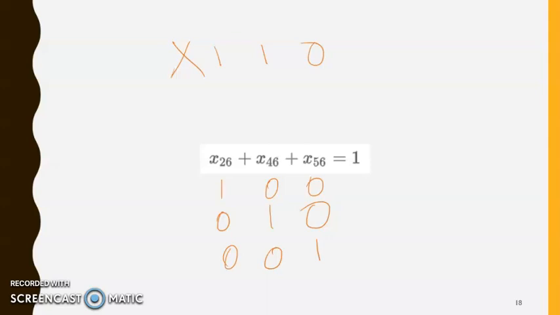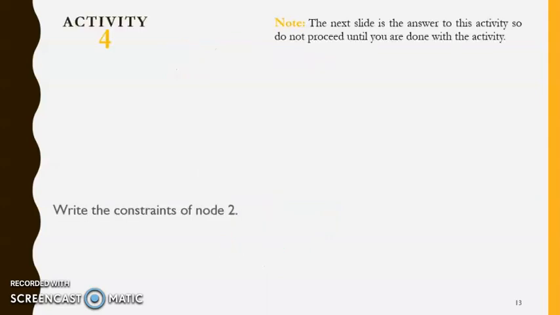And now that we are good with this constraint, we can go for the other constraints. Let's write the constraint now for node 2. One point that you should consider about node 2 is that it is not the start or origin or destination.